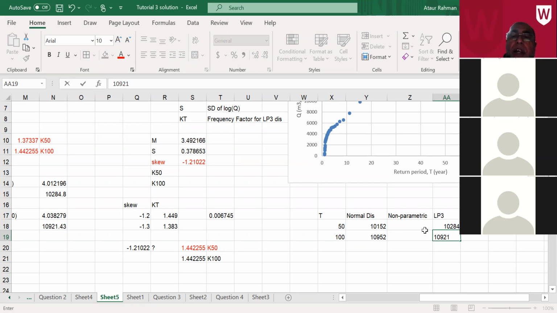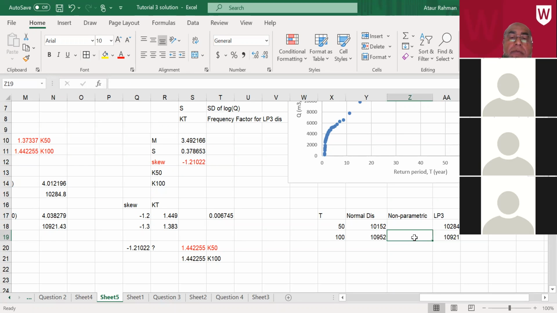Okay. And for non-parametric, how much did we get? Let me check. For Q50, it's 14307. And for Q100? 25695. Yep.